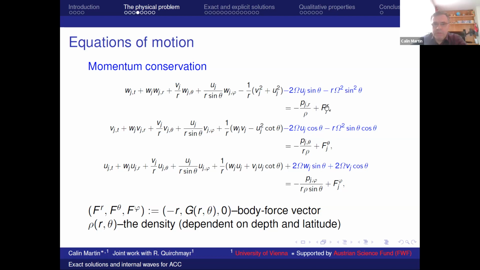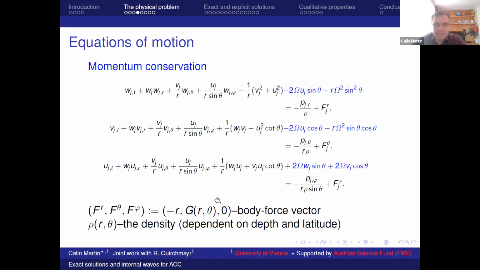F_r, F_theta, and F_phi are the body force vector, which contains a gravitational term. Instead of this R here, this should be a G. I apologize for this. So this is a minus g, where small g is the acceleration of gravity.